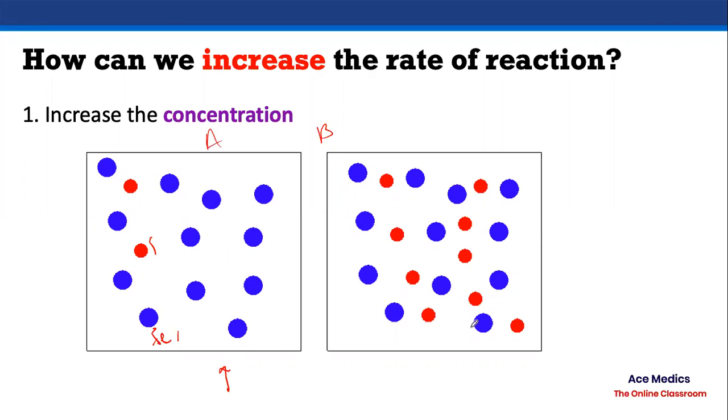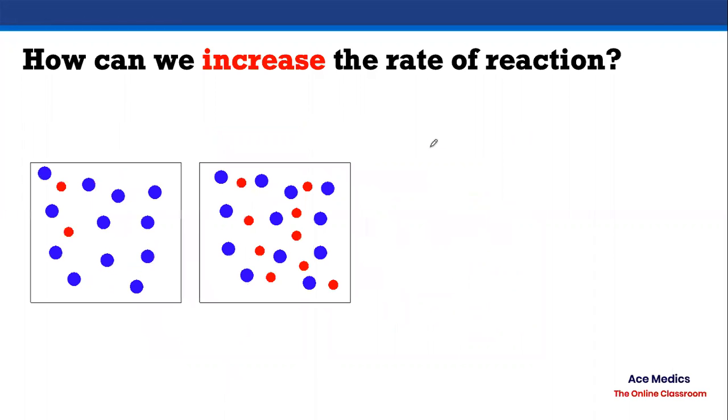But for maybe your friend's test tube, they've put more sulfur in because you can see more atoms of sulfur. You can see there's only 2 atoms of sulfur in here, but they've put way more sulfur in box B. So this is what we mean by increasing the concentration because we have now increased the concentration of sulfur.